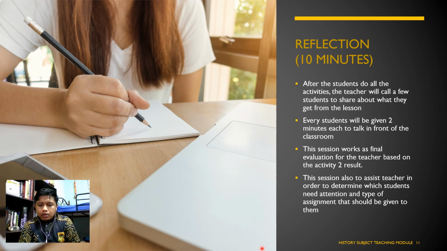So the result will show which group of students understands the lesson, and also which group of students didn't understand the lesson well. So for this reflection, the teacher needs to choose a few students from the group that didn't understand this lesson, and also a few students from the group that understood the lesson well.